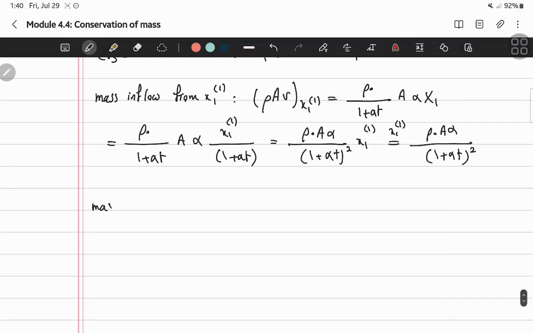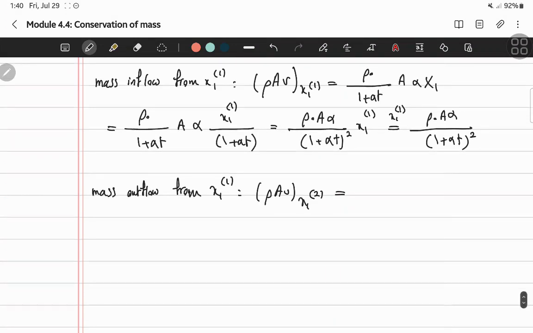So next we have the mass outflow. Let's write it as outflow here. This is going to be rho A v at x1,2. Since this is inflow, this is going to have a minus sign, and you have to be careful about this.